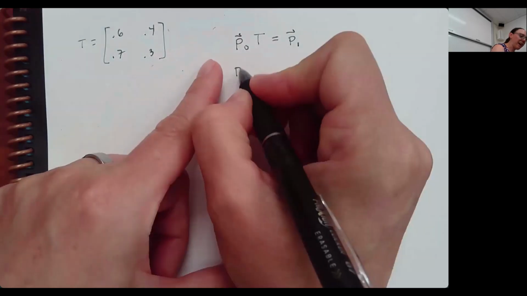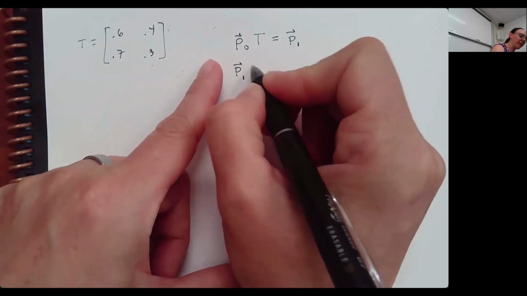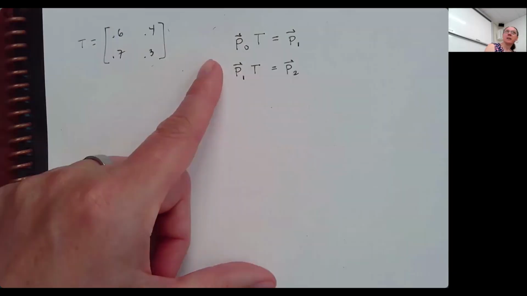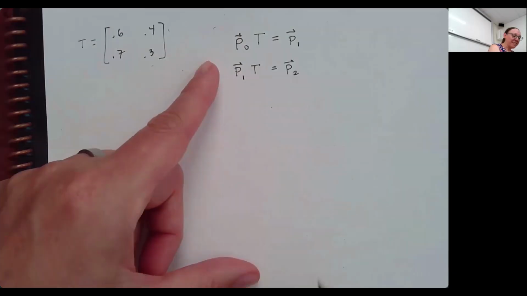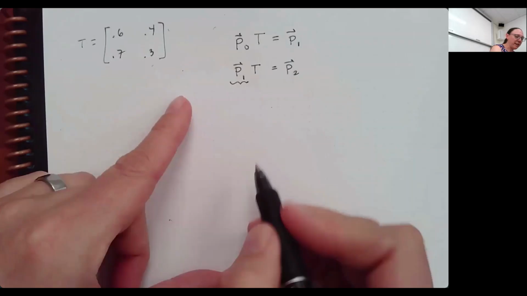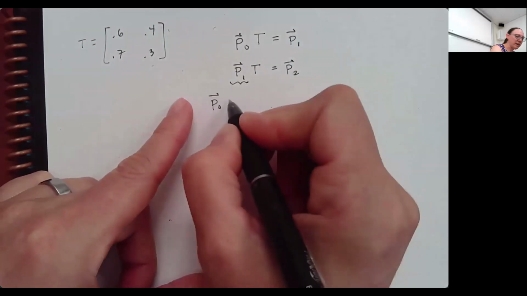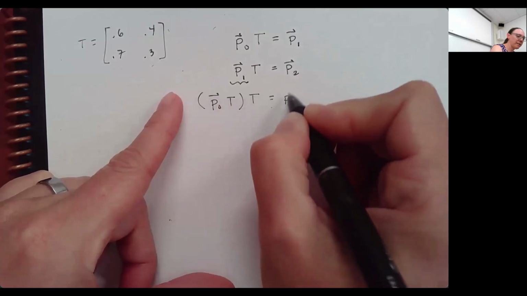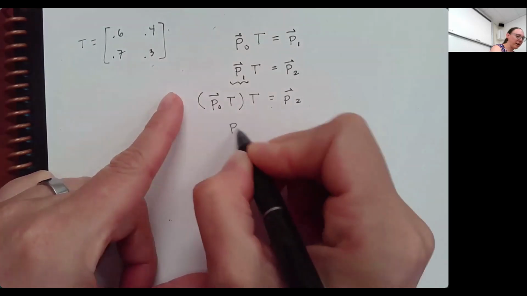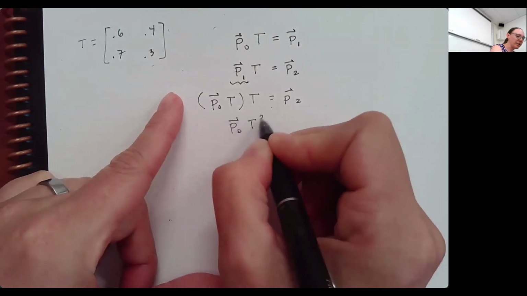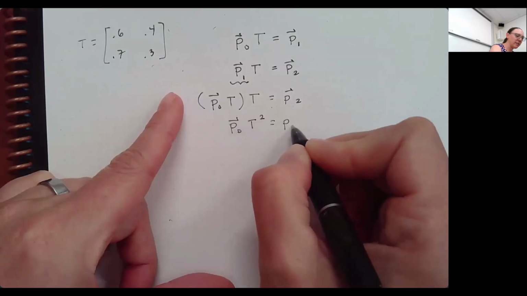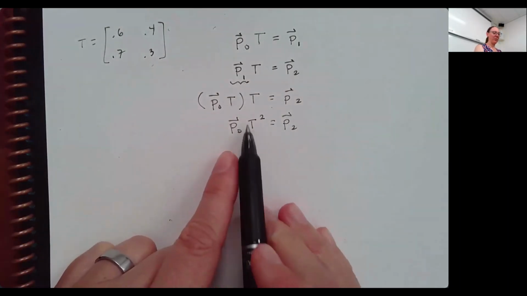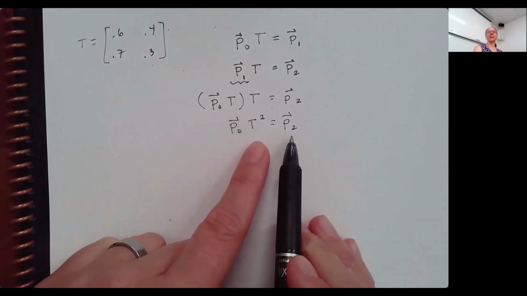And then if I take that and multiply by T again, I'm going to get my second. But this came from taking that initial distribution times T, which means that our shortcut here is to just take my initial condition times the square of the matrix to get the second state.